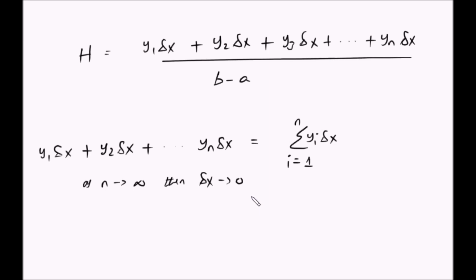Manake hii sum as n increases in a limit, as n approaches infinity, hii sum itakuwa na limit, limiting value as delta x approach 0. So delta x never gonna be 0, will only approach.